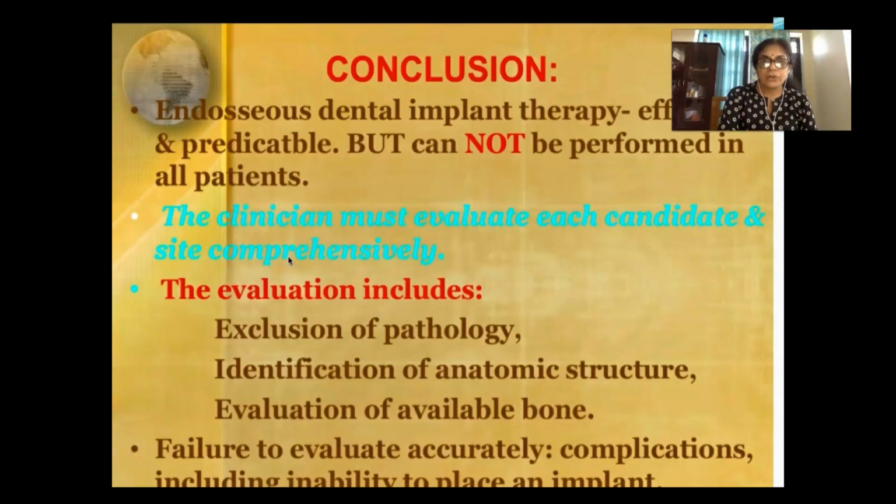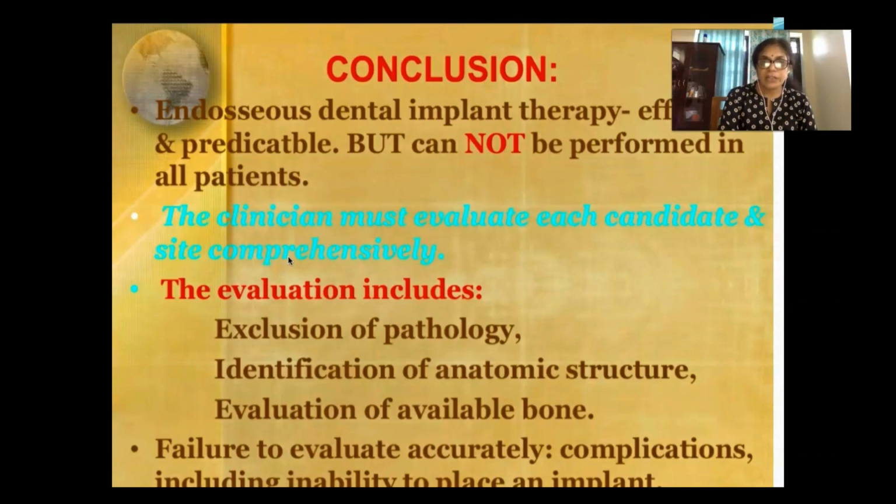To conclude, I would like to say that endosseous dental implant therapy is efficient and predictable, but cannot be performed in all patients. The clinician must evaluate each candidate and site comprehensively.